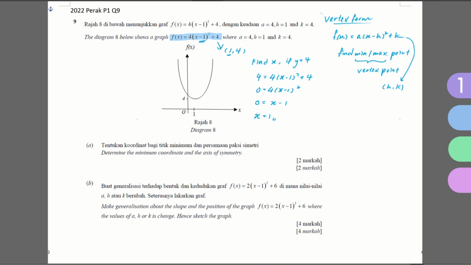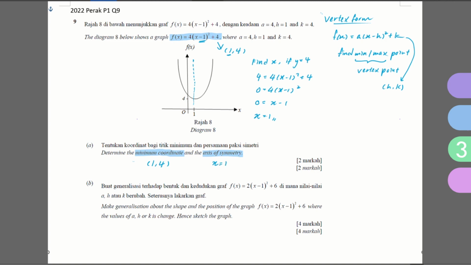Jumping into part A, they're telling us to find the minimum coordinate and the axis of symmetry. The minimum point we already found, which is 1, 4. The axis of symmetry is actually the center line of the curve, which cuts the curve into 2. So this line would be x equals to 1.